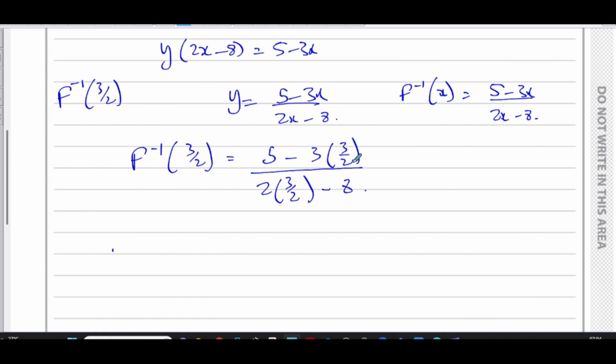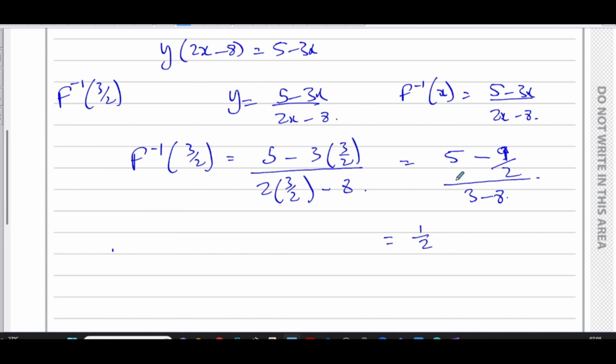Replace the x with 3 over 2. So you have 5 minus 9 over 2, over, the 2's cancel, 3 minus 8. That's 10 over 2 minus 9 over 2, which is 1 over 2.